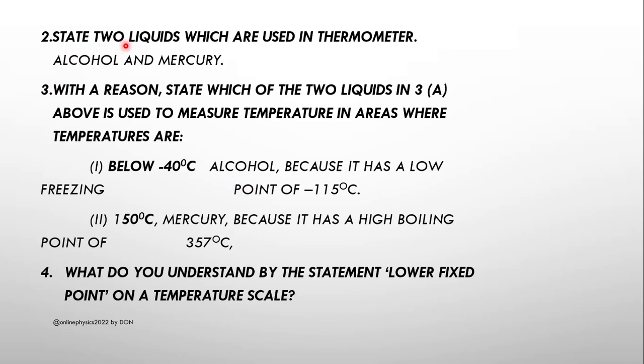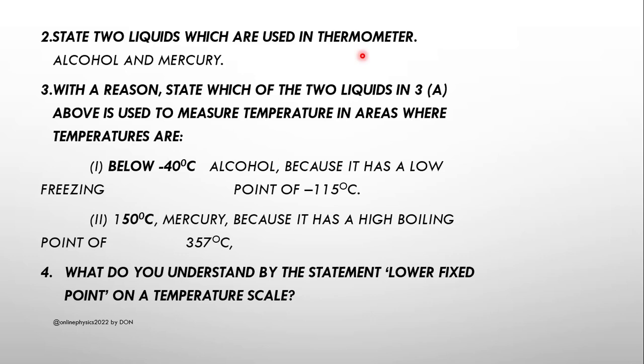Then we want to state two liquids which are used in a thermometer. One of the liquids we have is alcohol and the other one is mercury. Then with a reason, state which of the two liquids given above is used to measure temperature in areas where temperatures are: Part 1, below negative 40 degrees.